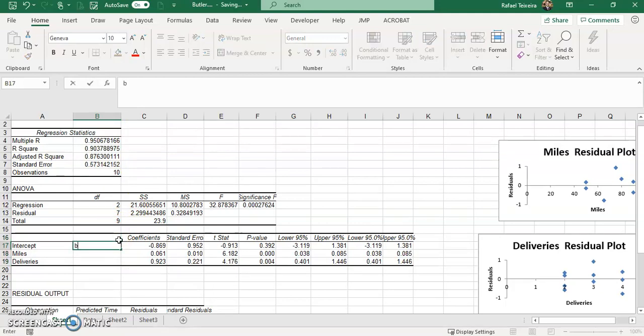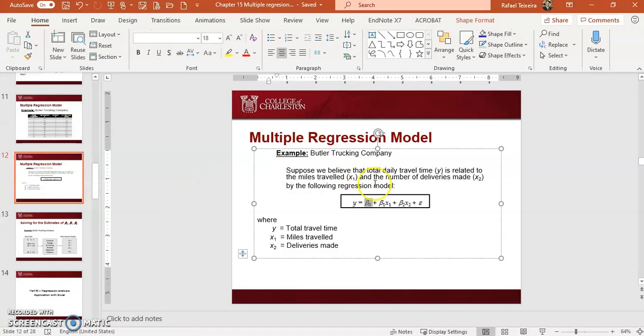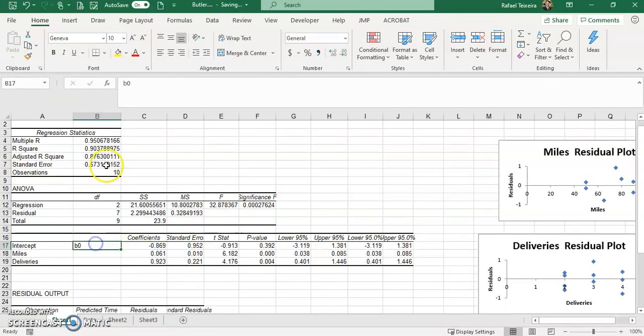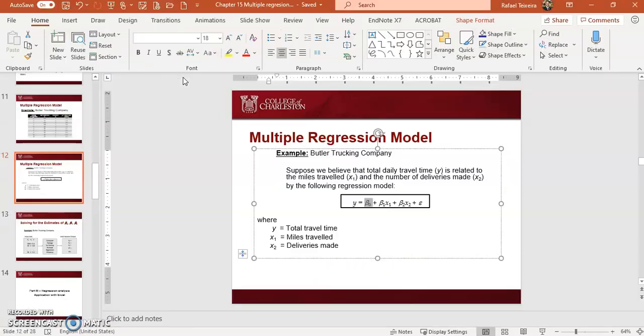So let's say B0, because this is the intercept. There is no variable associated with this coefficient, only the coefficient. So this is our beta 0 coefficient.